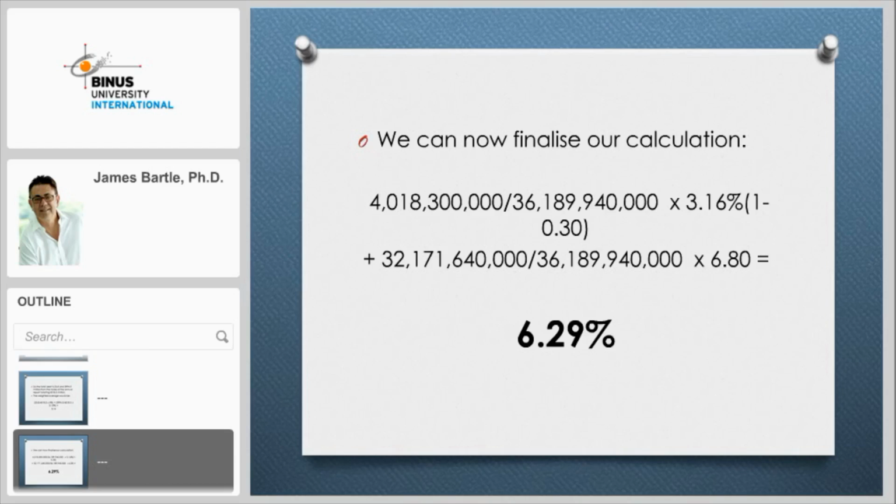Before we end, I just want to make one comment. 6.29% is very low. If you look in the textbooks that we've been using, you need to think about Indonesian rates, they tend to be well above 10%, somewhere normally between 10 and 20%. 6.29% is very low. But what it tells us is that Woolworths is a very stable and mature company.